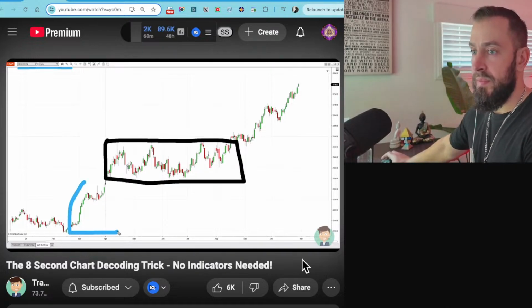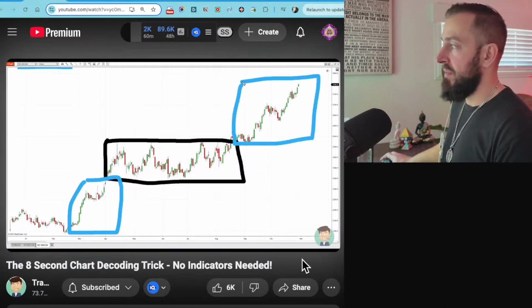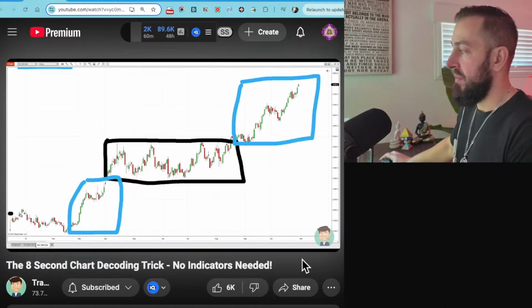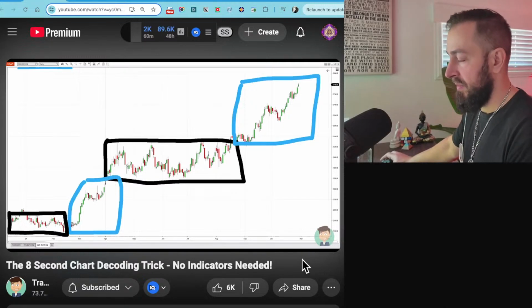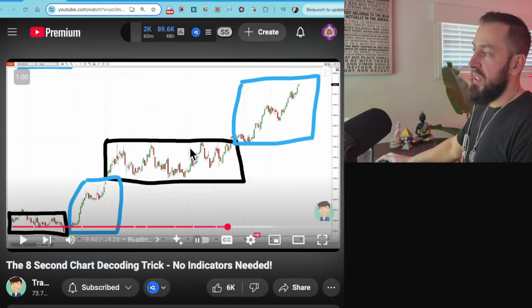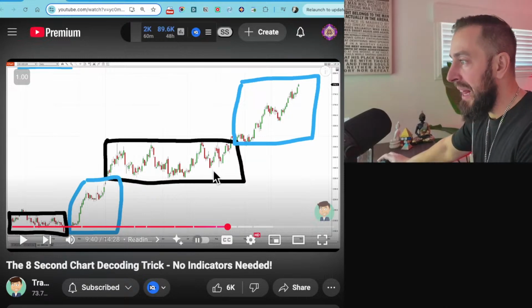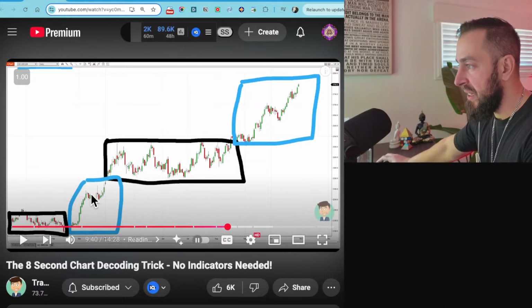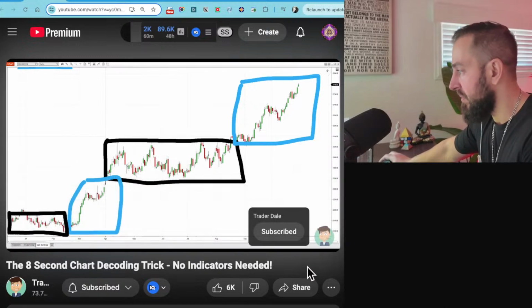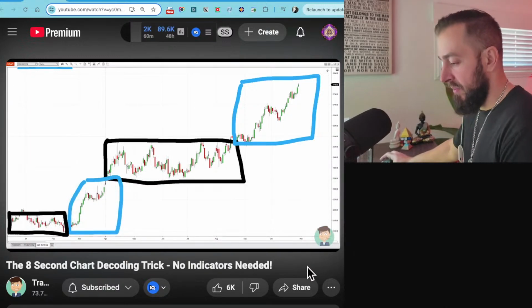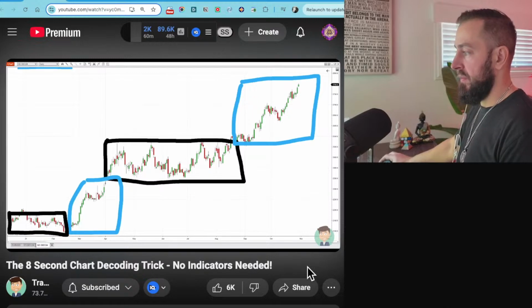Before that, and after that, a trend. And before this trend, there was also a rotation. All right, so you can see it, right? We've got the ranges or the rotations marked out with black, and we've got the trends marked out in blue. All right, so with the higher time frames, it's usually easier to read this and recognize those patterns.